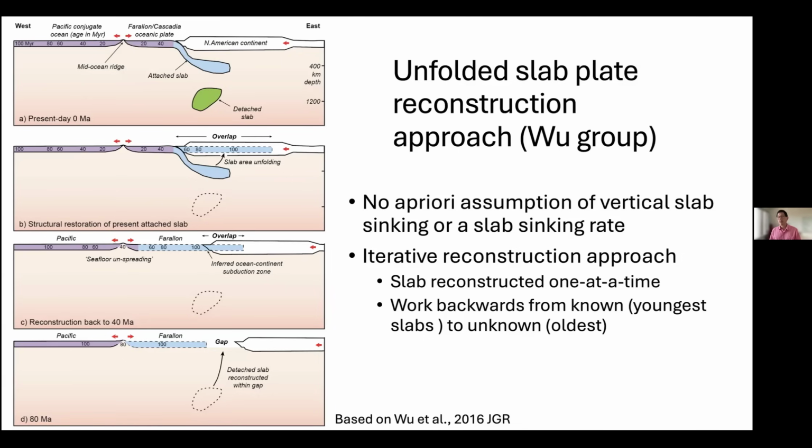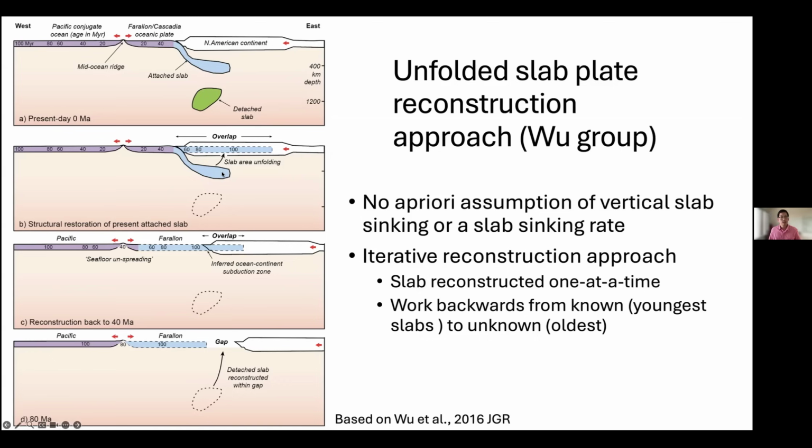So this helps to give an alternative viewpoint on North American plate reconstructions using tomography. So how does this work? Well, up here on the upper left would be a present day view of the mantle, for example, from tomography. And you can see this attached slab underneath North America, and there's a detached slab here in green.